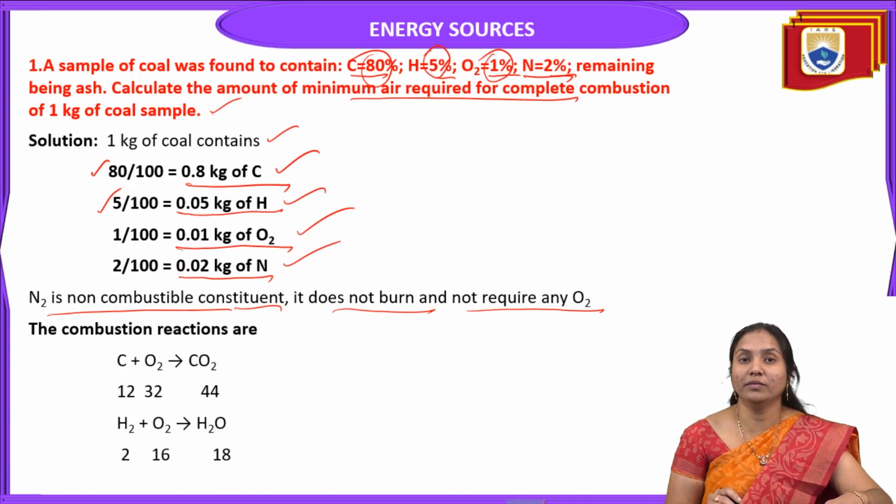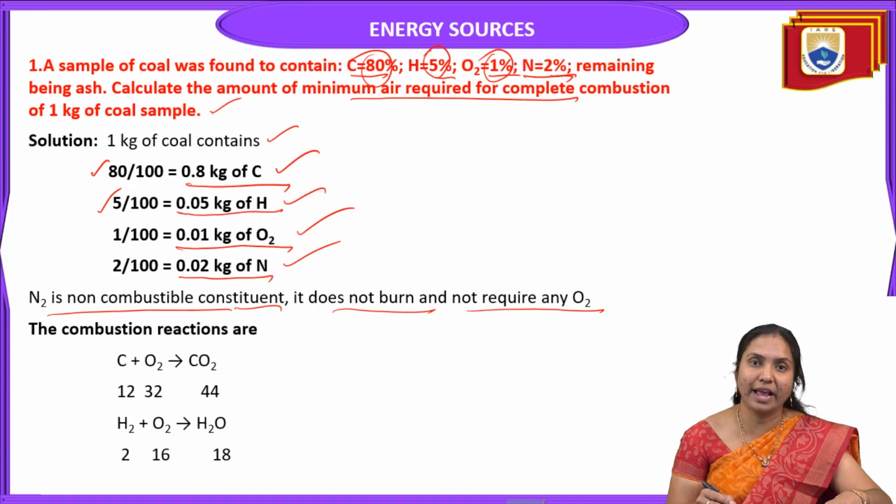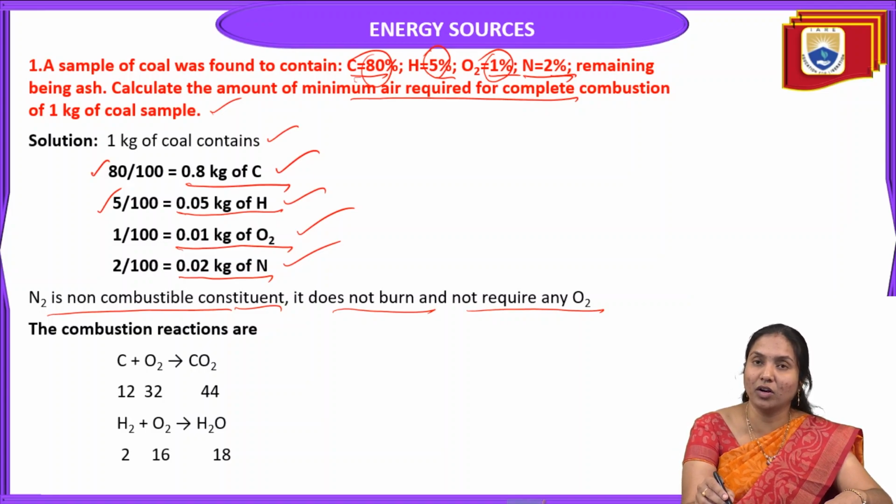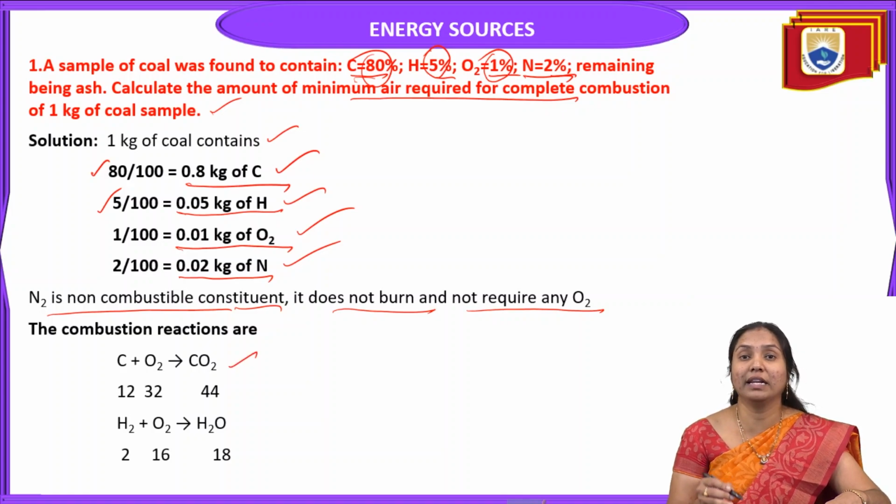So what is step 1? Before calculation, first write the combustion reaction. Carbon reacts with oxygen and gives carbon dioxide.